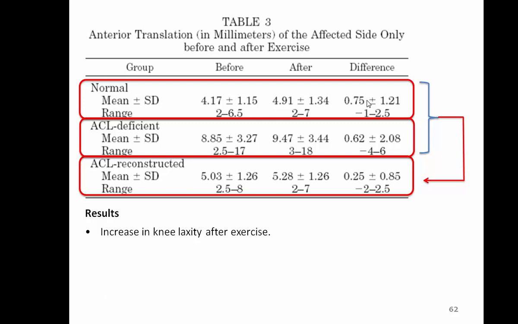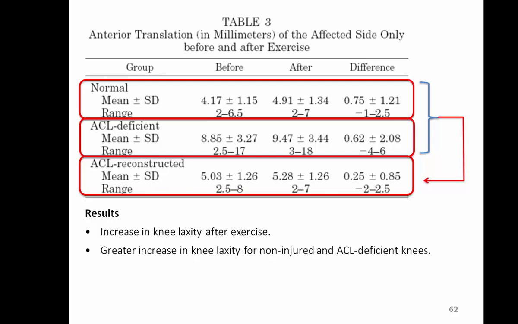The first conclusion is that with exercise, there was an increase in knee laxity, and this is the normal viscoelastic response that biological tissues will exhibit in response to cyclical loading, with that ligament softening.